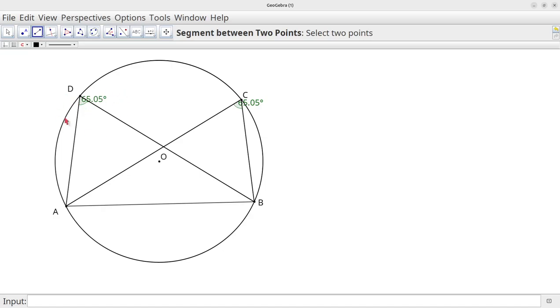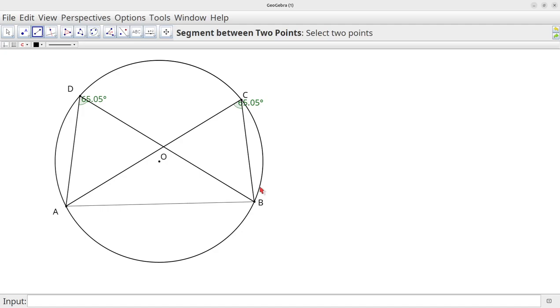So these angles are equal because at this point this angle is connected to both ends of the chord, which is here and then also here. Same applies to angle C. It is connected to both ends of the chord AB, this point here and that point. So since these angles are connected to the same chord, we are saying this chord subtends them.